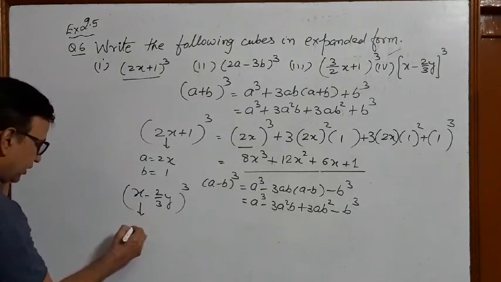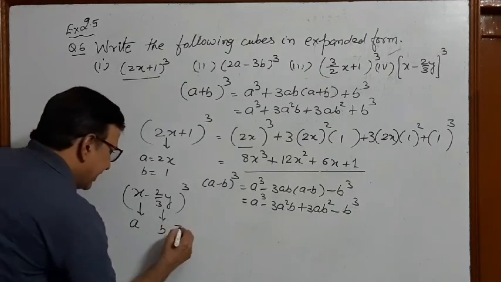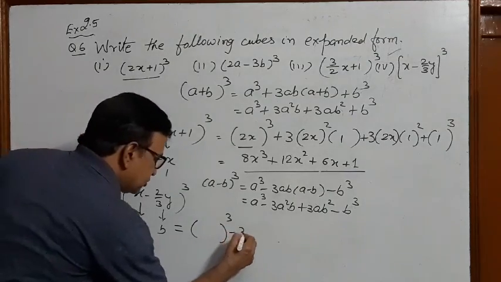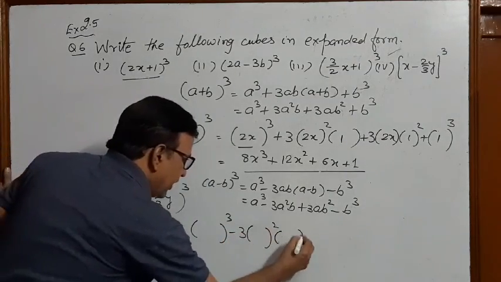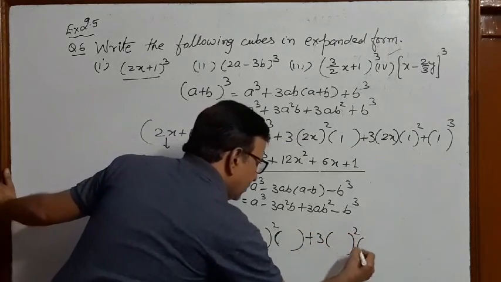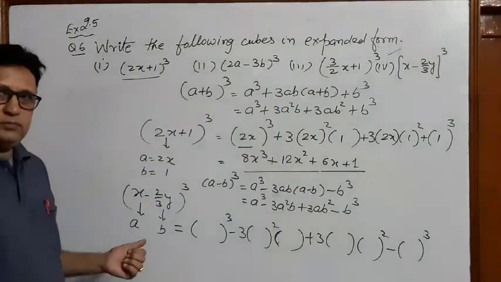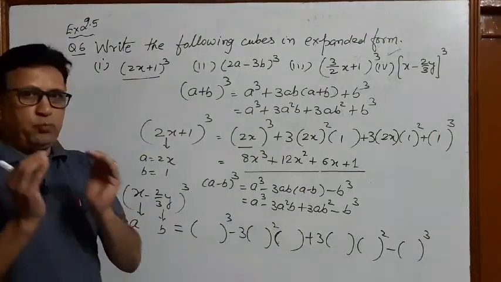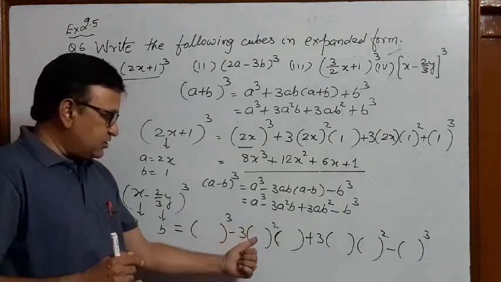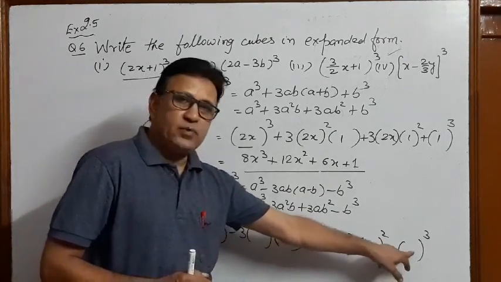So this one is your a and it is b. So write in the expanded form, a cube minus 3a square b, plus 3ab square and then b cube. So clear? Simply just make the bracket and write the format: a cube minus 3a square b plus 3ab square, here the square, and then b cube.